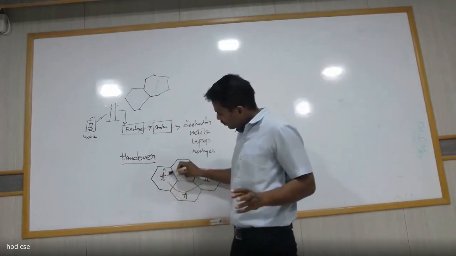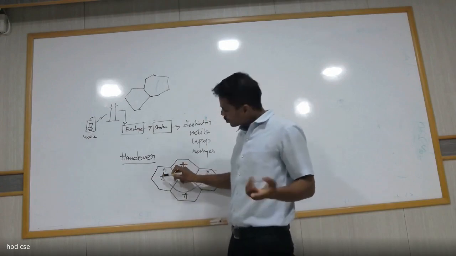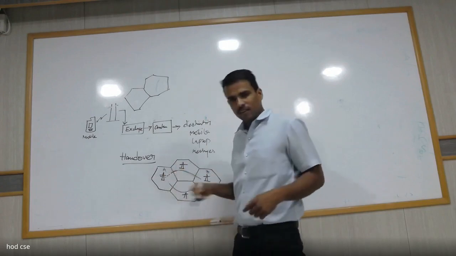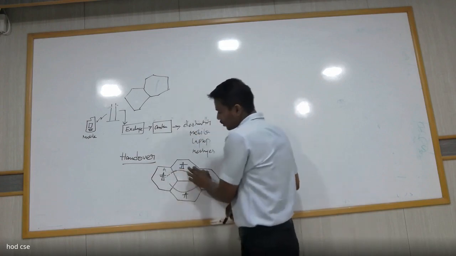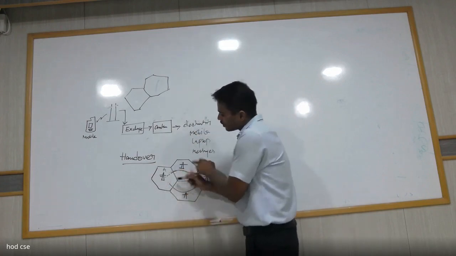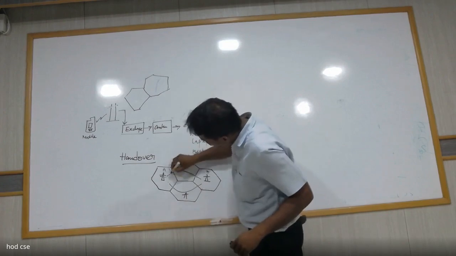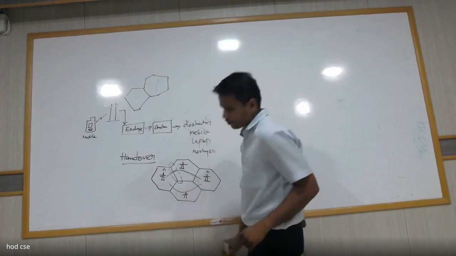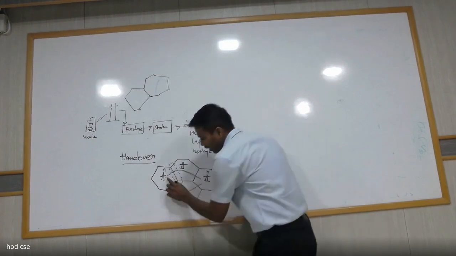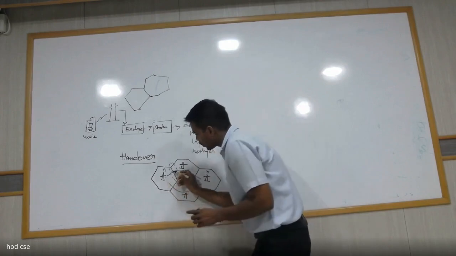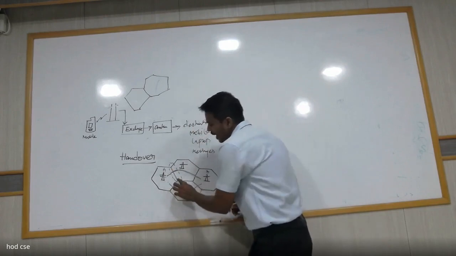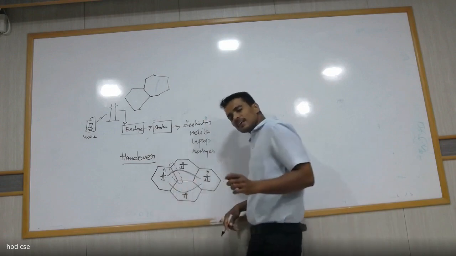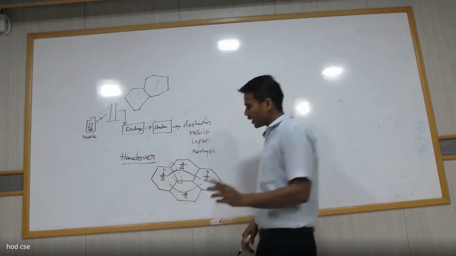When I'm trying to travel from this area to this area, there is a point where both signals haven't joined. So when I'm traveling from this point to this point, this is the actual point where there may be a chance of signal breakage.